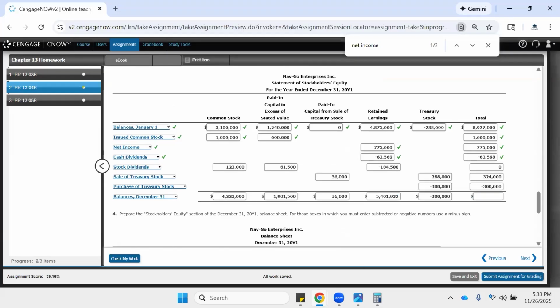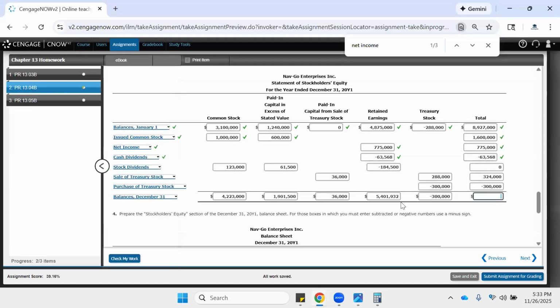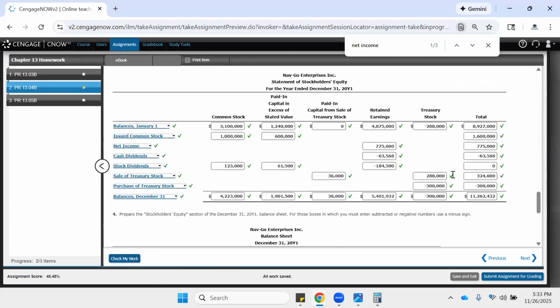And then we have to add them all up together to get our total equity once again. And there we go. That's our statement of stockholders' equity.